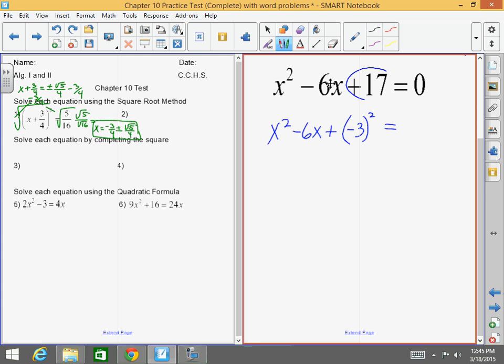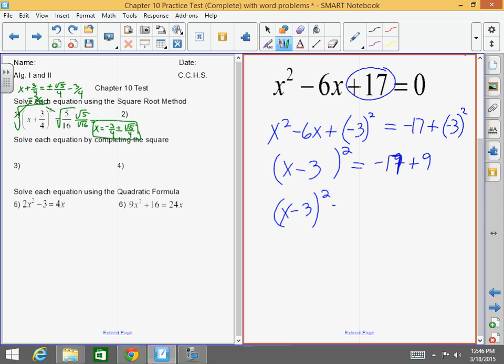I have to bring over the 17, so that's negative 17, plus b over 2 squared. This factors out to be x minus 3 squared, and this equals negative 17, not 19, plus 9. This is x minus 3 squared equals negative 8.